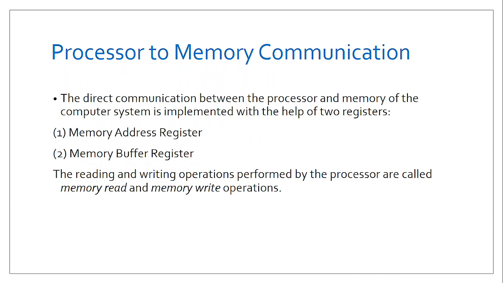So when you look at the processor to memory communication, it just doesn't happen anyhow. There's some set of coordinated direct communication between the processor and the memory. So you need to ask yourself, when the instructions are stored within the main memory, how is the processor going to identify that this particular instruction is being fetched from this particular point and not this particular point?